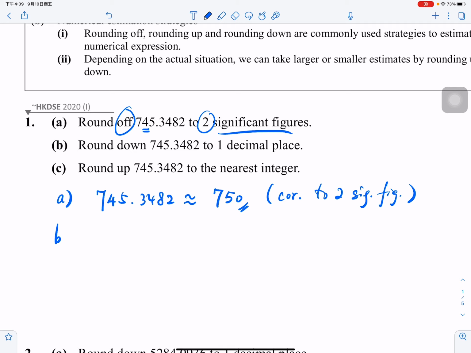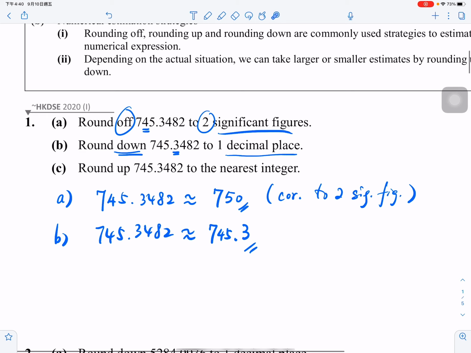Now, part B. Again this value, and how about 1 decimal place? This time round down. So we focus on this one, 745 point what? Round down means only keep this value. Whatever the value on the right-hand side, keep this one. So 745.3 correct to 1 dp.